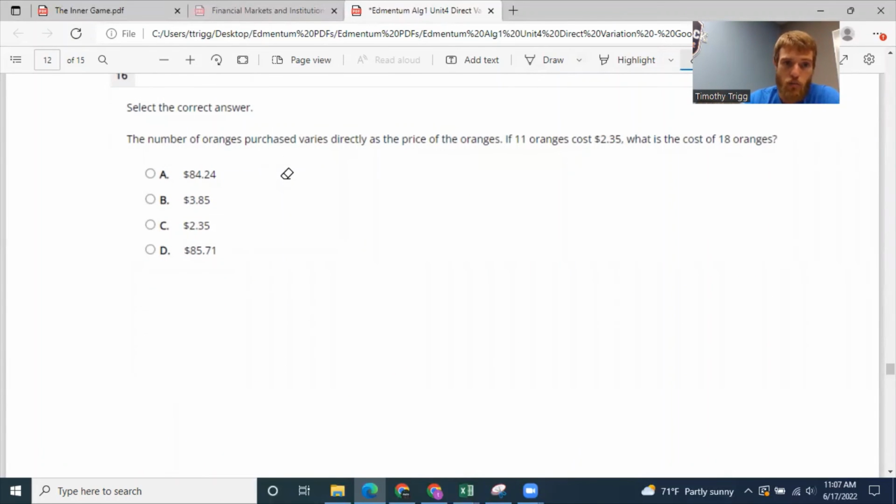So there you go. The number of oranges purchased varies directly as the price of the oranges. 11 oranges cost $2.35. How much would 18 oranges cost? So 11 oranges cost $2.35. How much would 18 oranges cost?